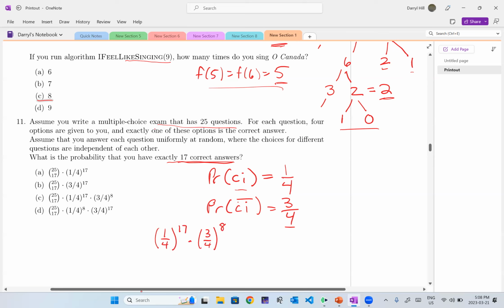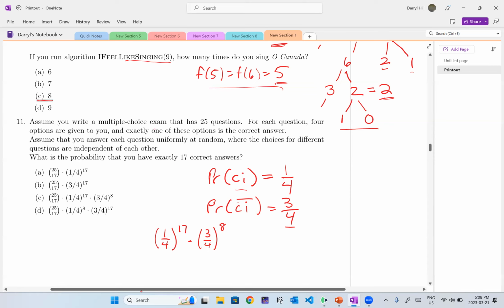So 17 plus 8 is my 25 original questions. But that's just one precise arrangement, right? So maybe I get the first 17 right and the last 8 wrong, but what if I get the first 8 wrong and then the last 17 correct? So I have to count all possible arrangements.